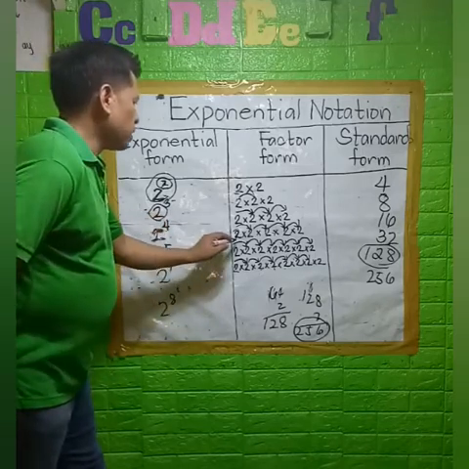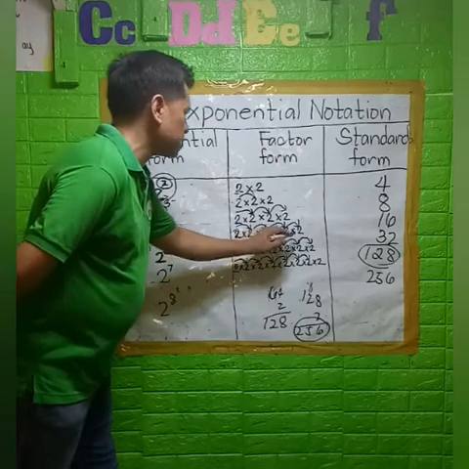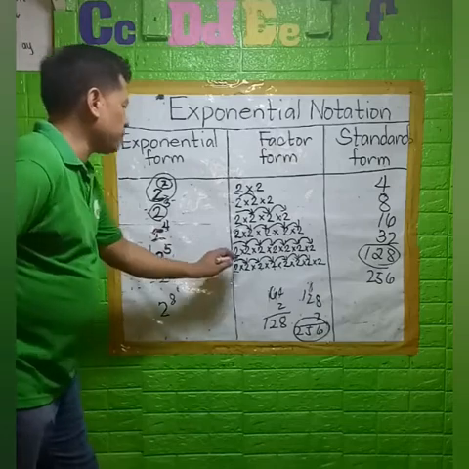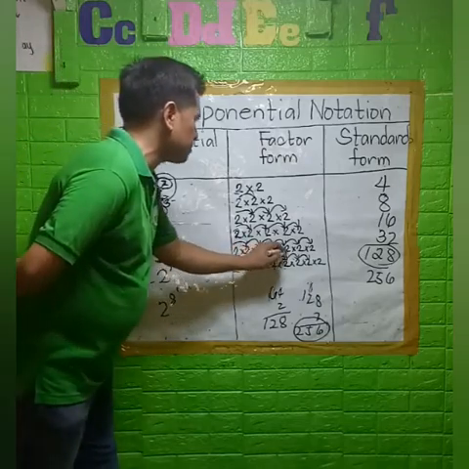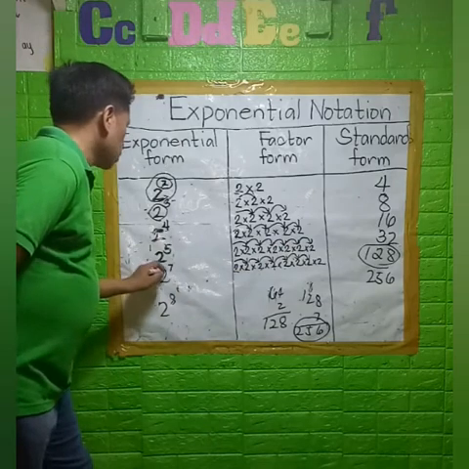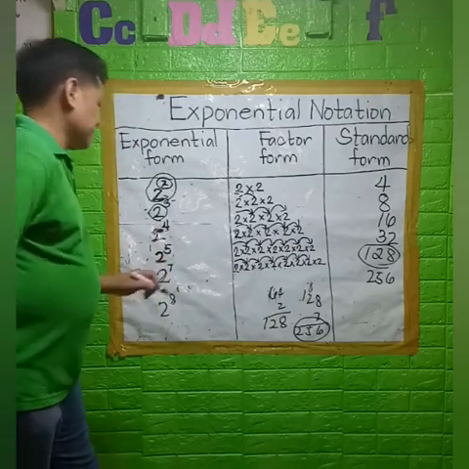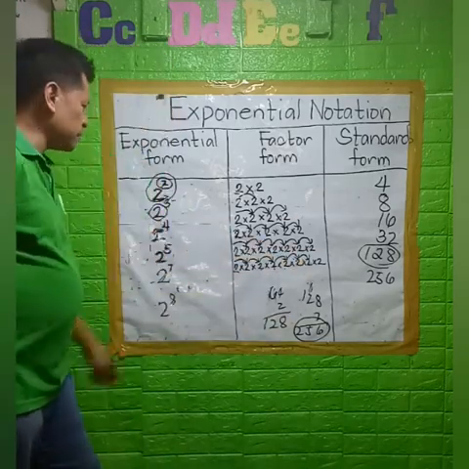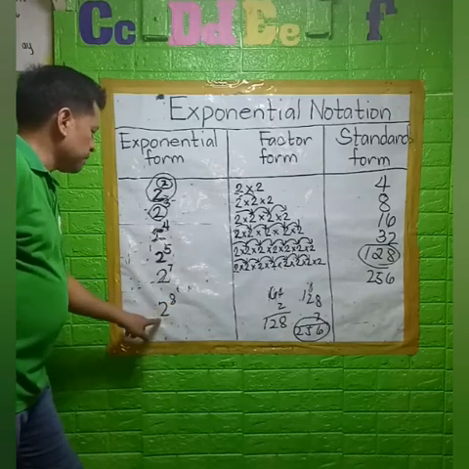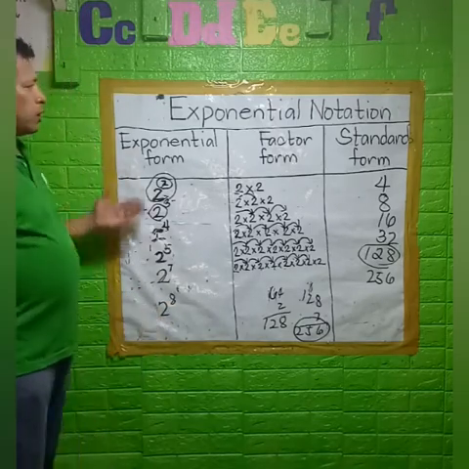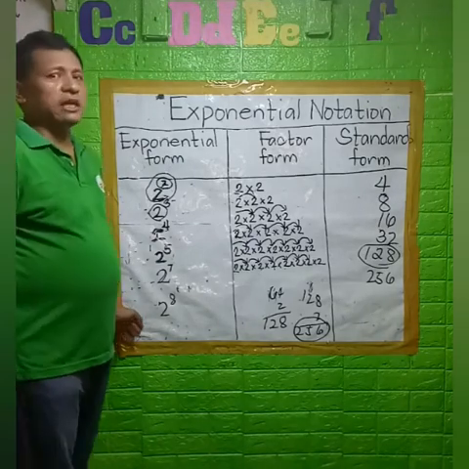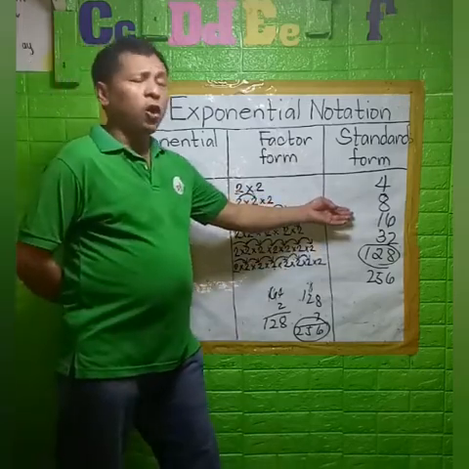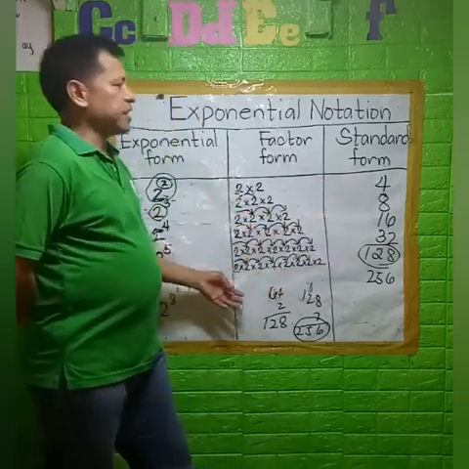Then 2 times 2 times 2 times 2 times 2, we have 2 to the power of 5. Then for the one with seven 2's, we have 2 to the power of 7. The last one, since we multiplied the 2 eight times, we put 8 as the exponent and the base is 2. So we were able to write the exponential notation of the expanded form of this product.